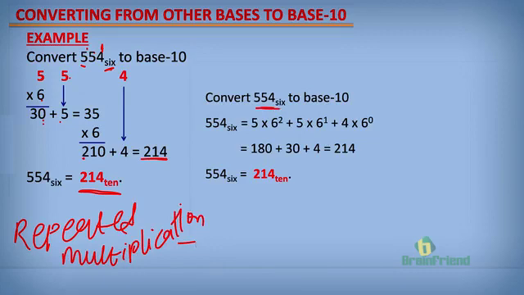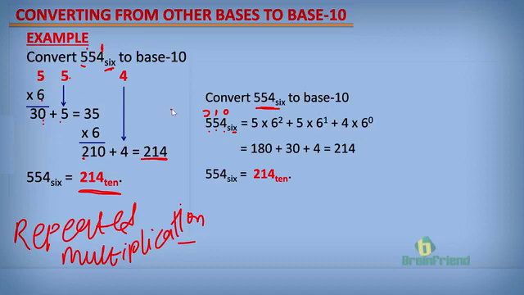We are still using the same number, 554 base 6 to base 10, but by the method of expansion. So this is 554 in base 6. So we put the 0 denotation on 4, and here we put 1, while here we put 2. If it goes on, we put 3, 4, 5, and so on.